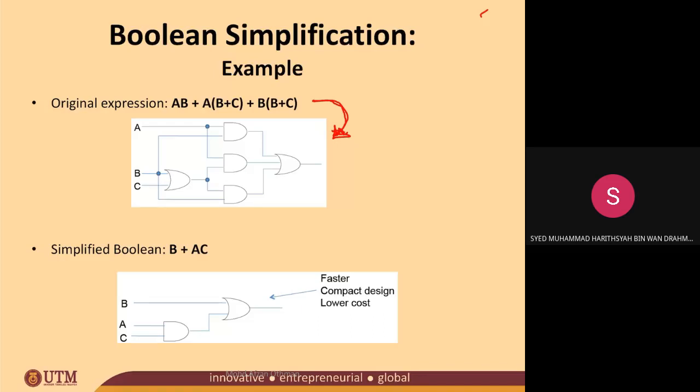Okay. So how many gates can you see if you draw based on this? The first term is A times B. So you need to draw this. So this is A times B, and the output is AB.